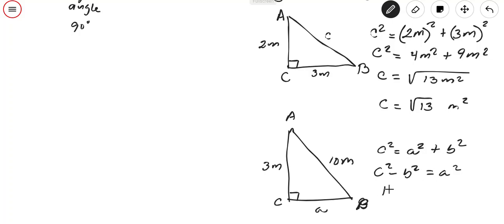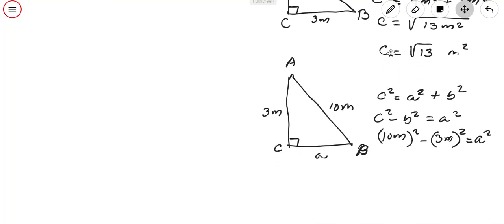So 10 meters squared is 100 meters squared, minus 3 meters squared, which is 9 meters squared, equals A squared.